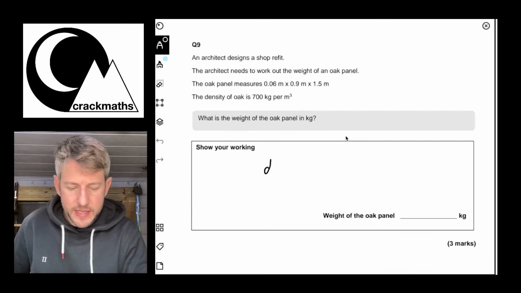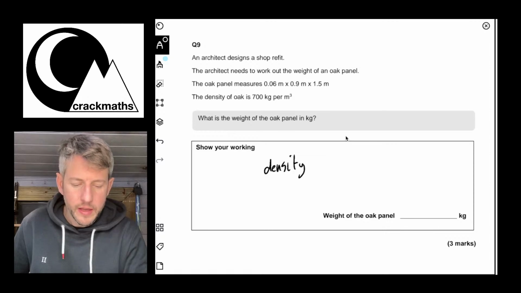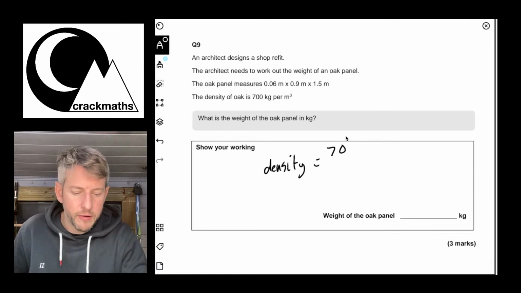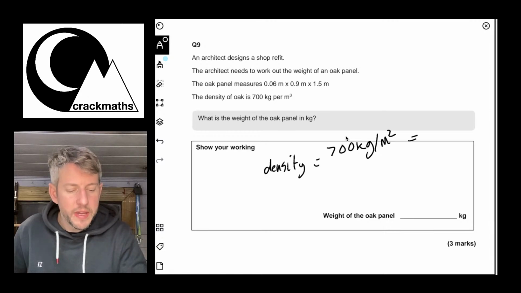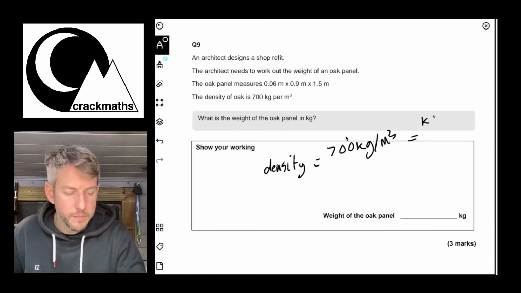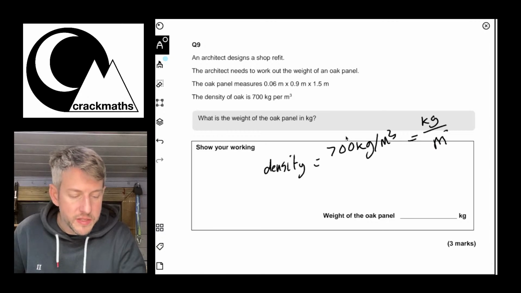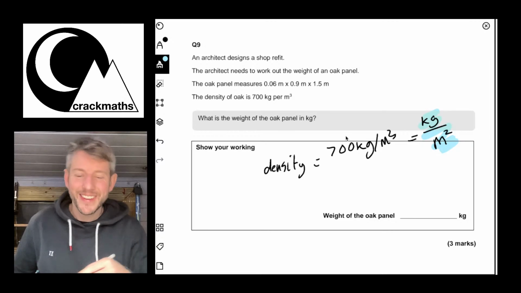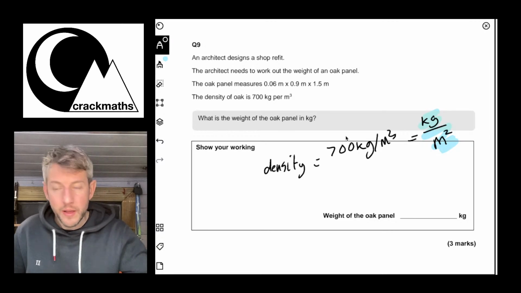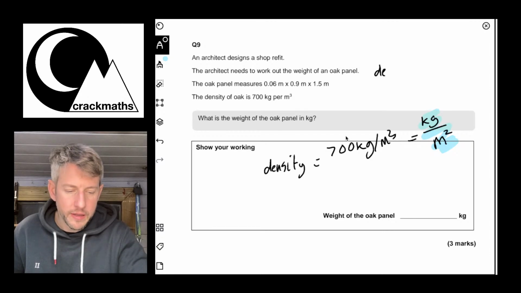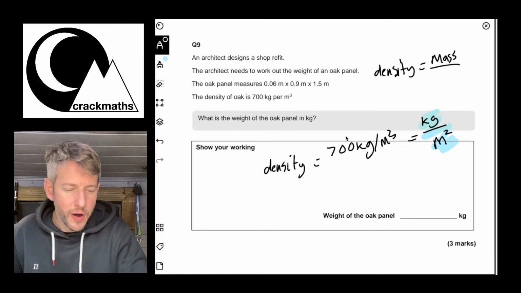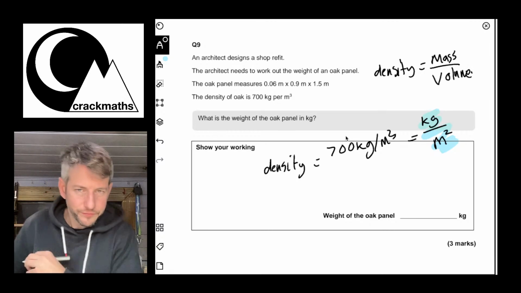They've said that the density is equal to 700 kilograms per meters cubed, okay? Which means that it's kilograms divided by meters cubed. So this is our formula for how we calculate density. So density equals mass divided by volume.